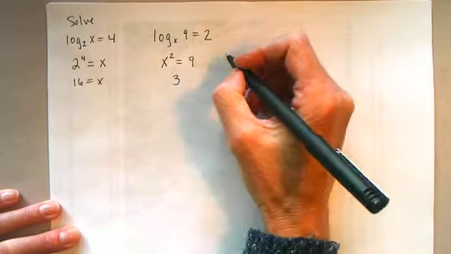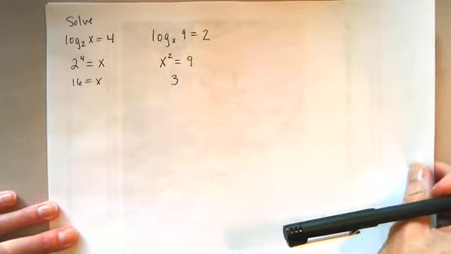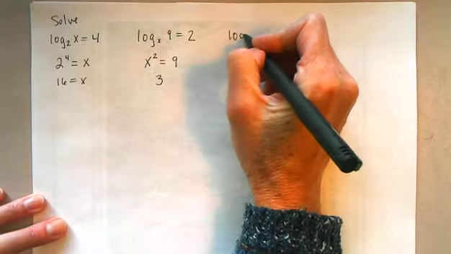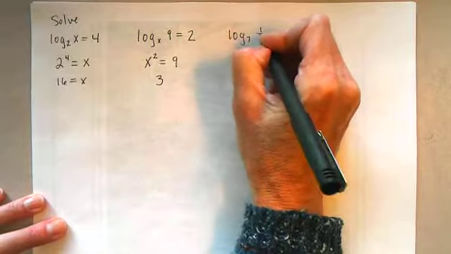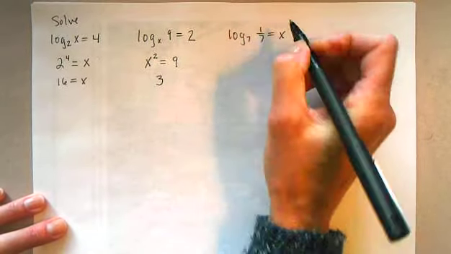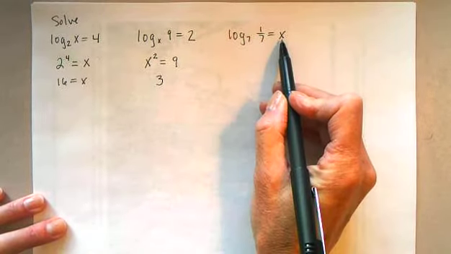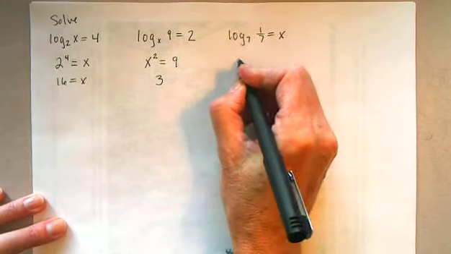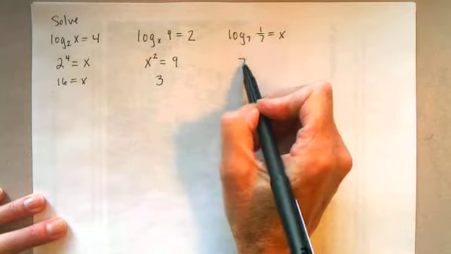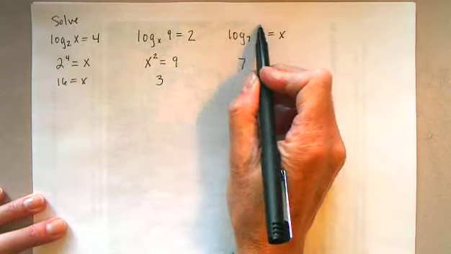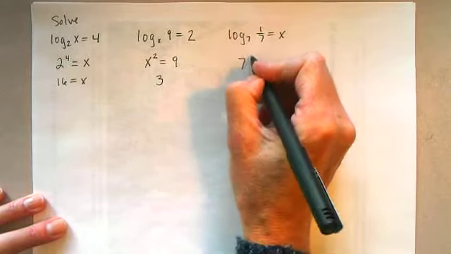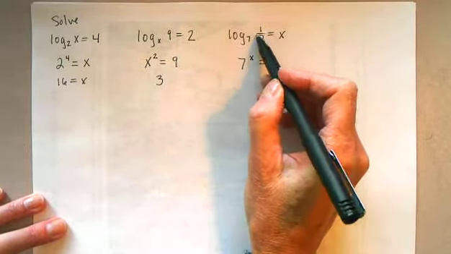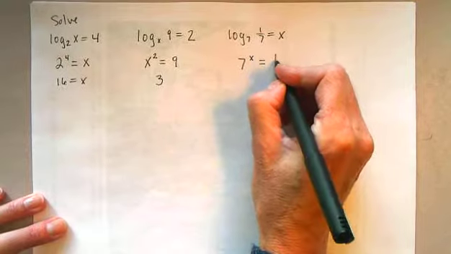Alright, how about this one? I've got 2 more we want to fit in here. So, if I gave you the log base 7 of 1/7 equals x, could you solve for x? Okay, once again we take the base of the log, 7, base raised to, our exponent is what the log is equal to, so it's raised to x, equals, and our answer is what we're taking the log of, so it's 1/7.